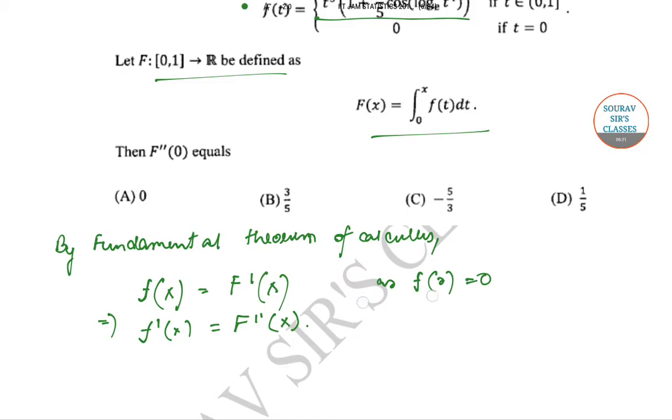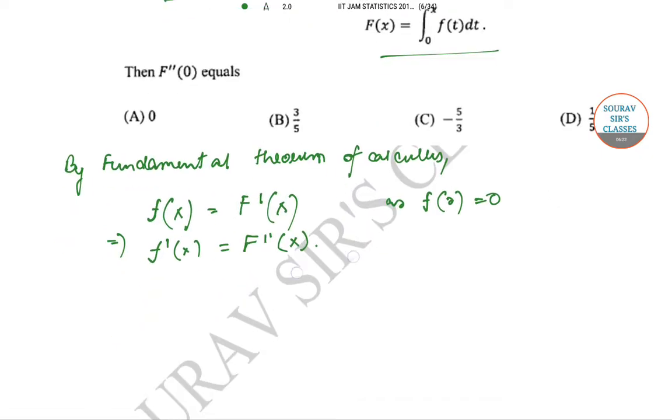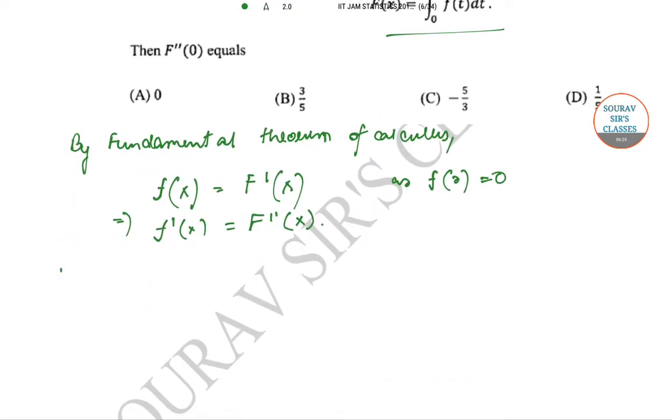Now, what is f prime of 0? f prime of 0 by first principle is the limit as h goes to 0 of (f(h) minus f(0))/h. f(0) is 0, we might just ignore it.